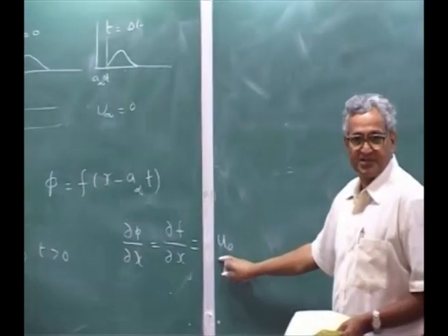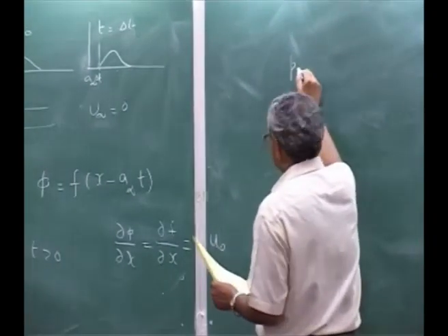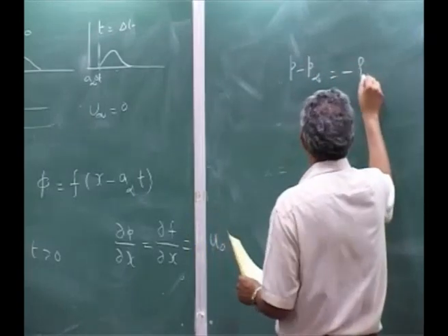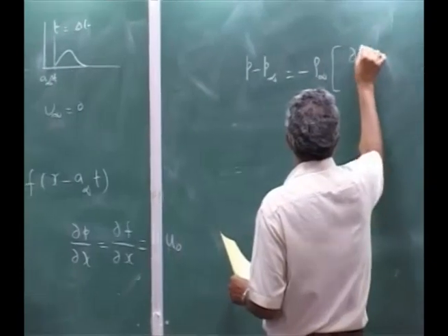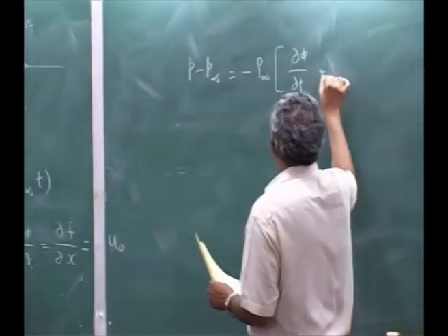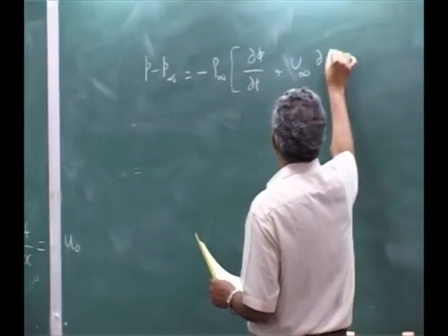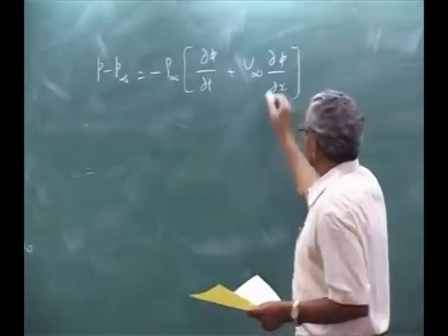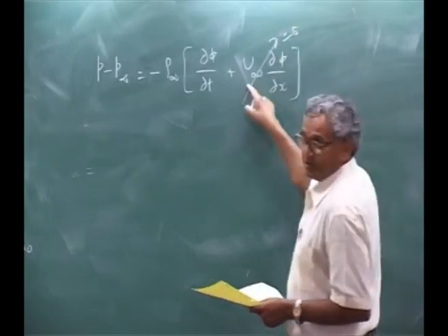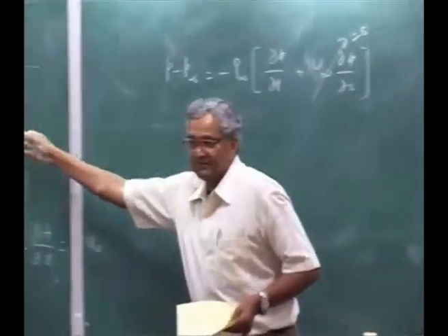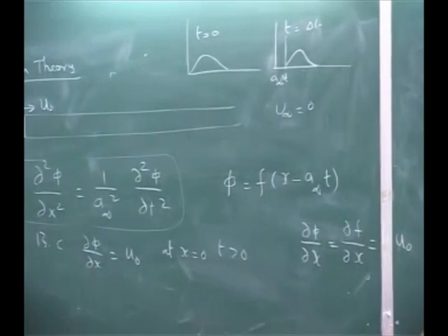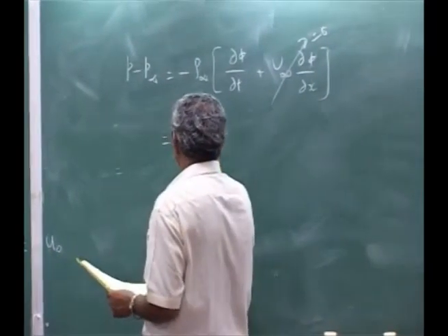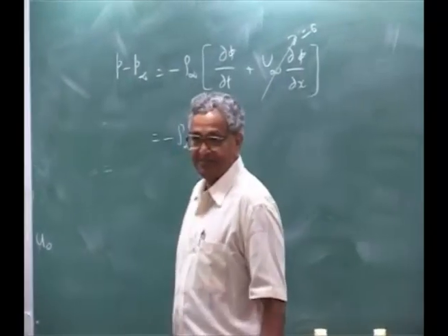And the pressure on the piston, what is that? P minus P infinity is given as minus rho infinity, delta phi over delta t plus u infinity delta phi over delta x. But the second term is 0 because u infinity is 0, because it is a stationary fluid. So this will be minus rho infinity delta phi by delta t.